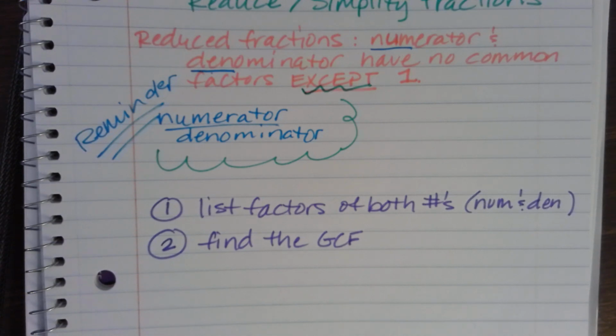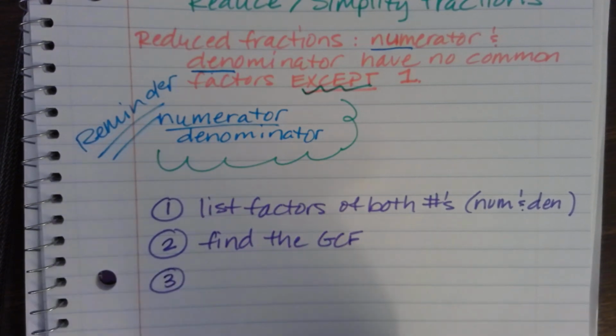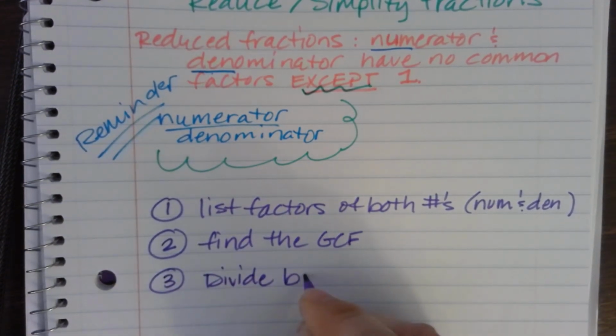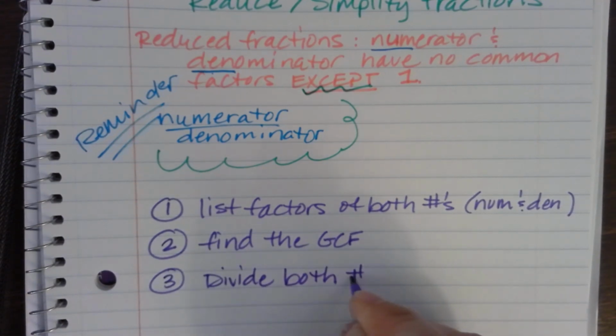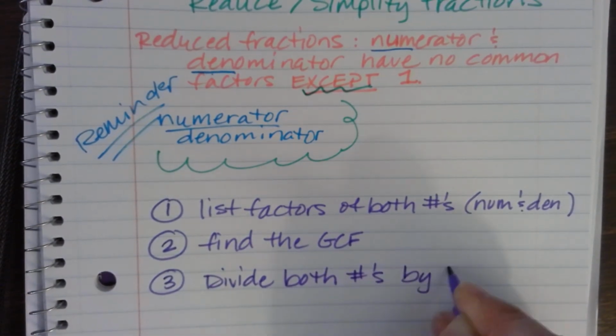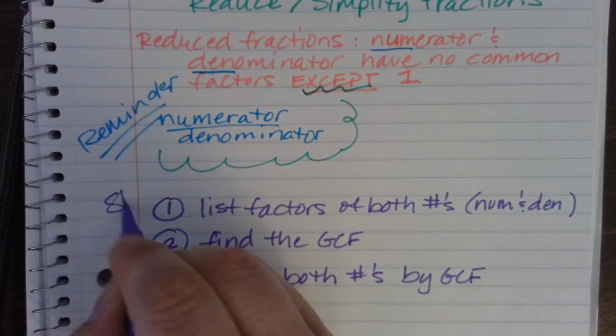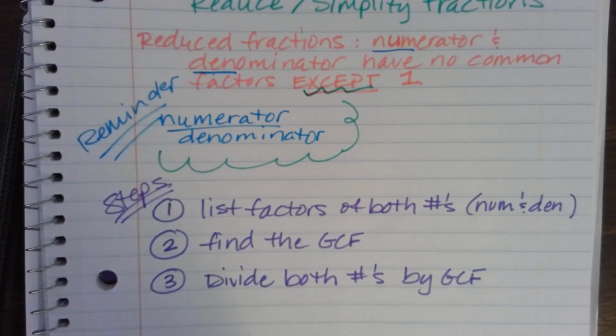They have numbers in common. The biggest one wins. I'm going to take that GCF and divide both numbers by the GCF. Okay, so these are my steps.